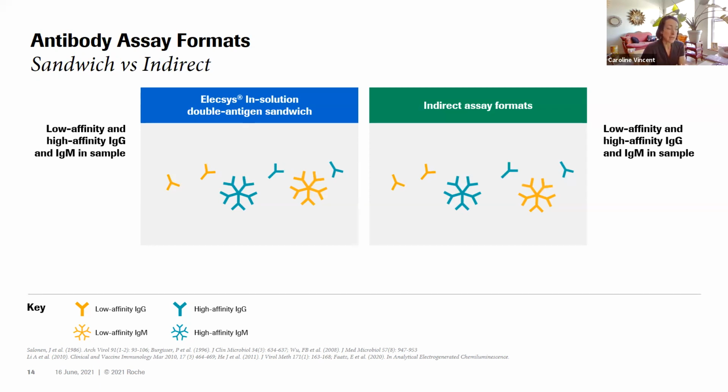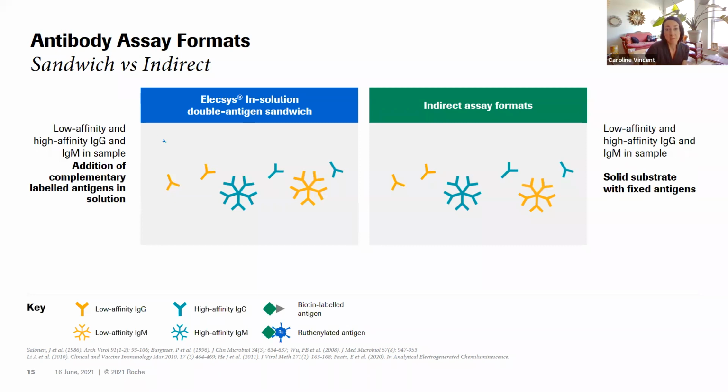And so in both cases, we of course need to start with a sample. So that serum or plasma sample may contain different types of antibodies, IgGs, IgMs. Some of them might have low affinity or high affinity to the virus, but this is the starting point.